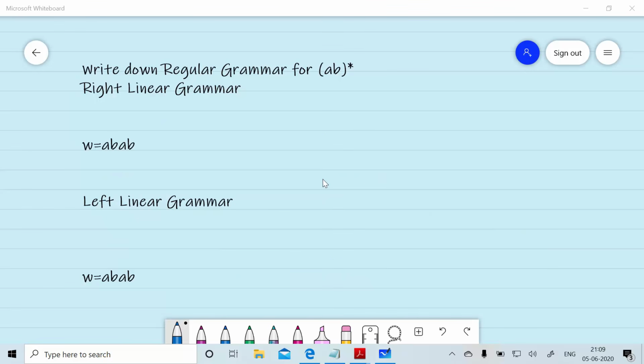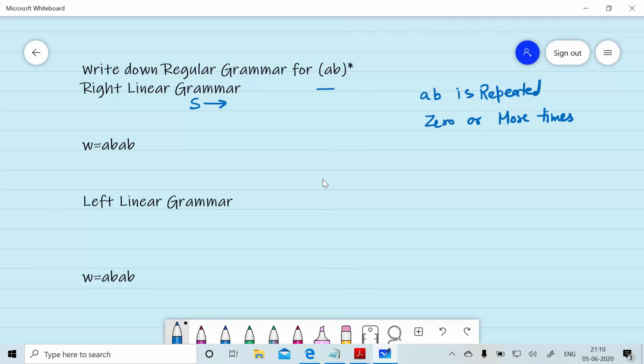Now we will generate the regular grammar for (ab) star. Now ab is repeated zero or more times. We have no restriction on the number of terminals in the right hand side.